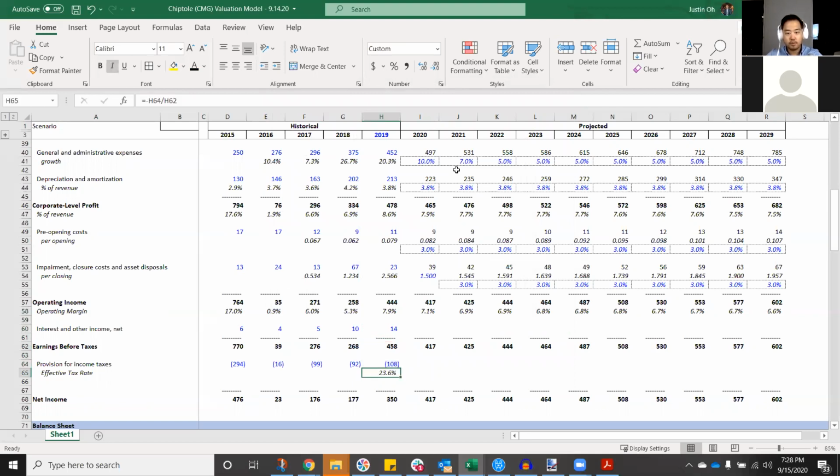Okay, so 23% tax rate. Do you all see where the Trump tax bill happened? We had a 35% effective corporate tax rate, and that went down to 24 to 25. Pretty cool stuff.